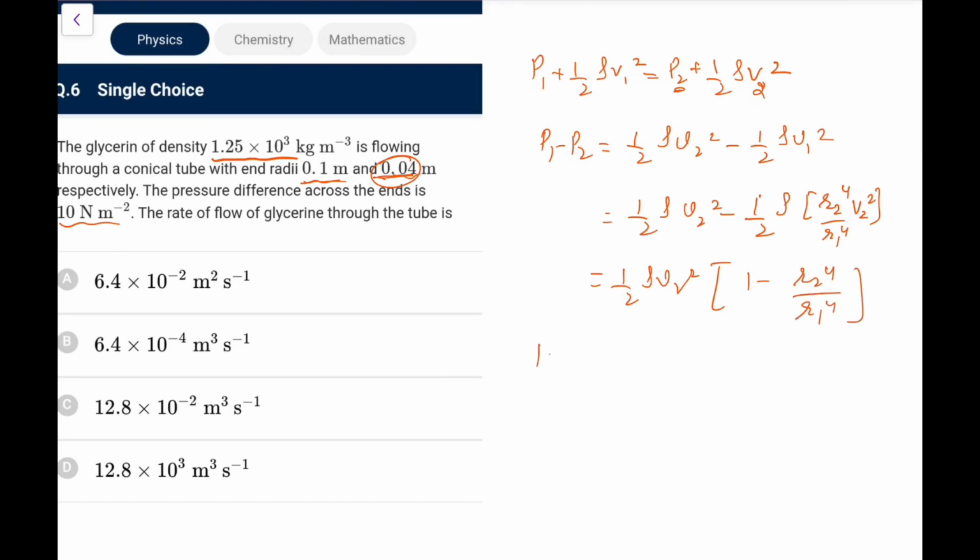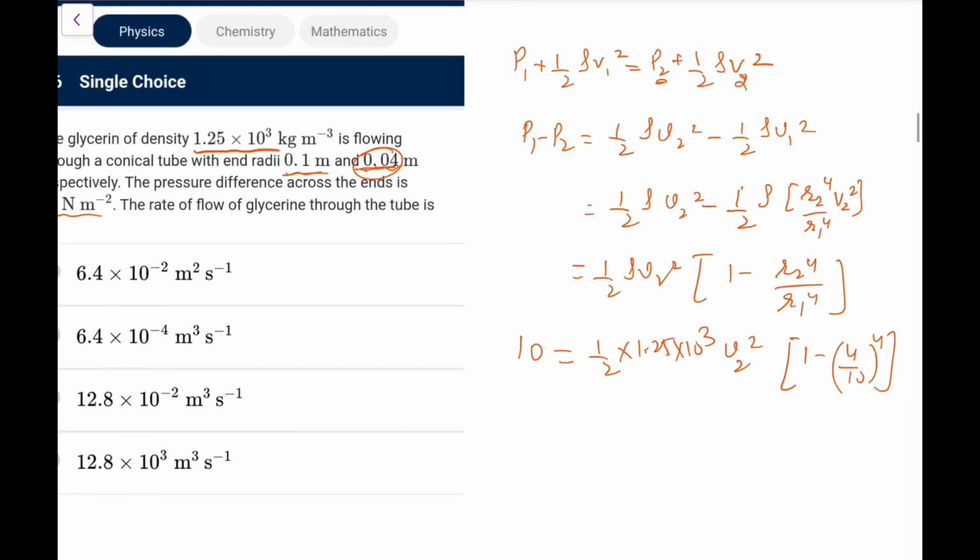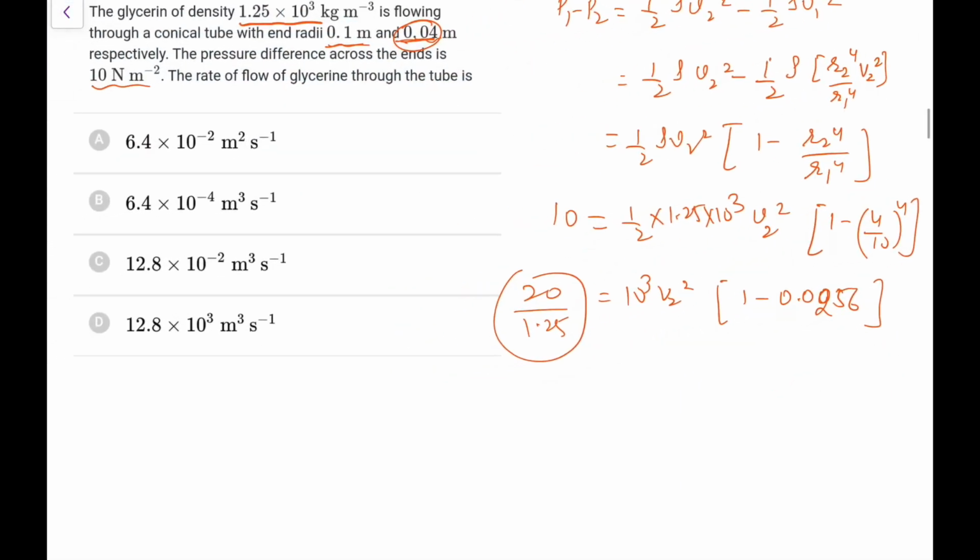So put the values, P1 minus P2 is 10, density is 1.25 into 10 to the power 3, V2 square I am searching for, 1 minus R2 by R1, that I can write as 4 by 10 to the power 4. So this is what we have, 16 into 10 to the power minus 3 I can write. This is V2 square, 1 minus 0.0256, sorry, 0.9744.